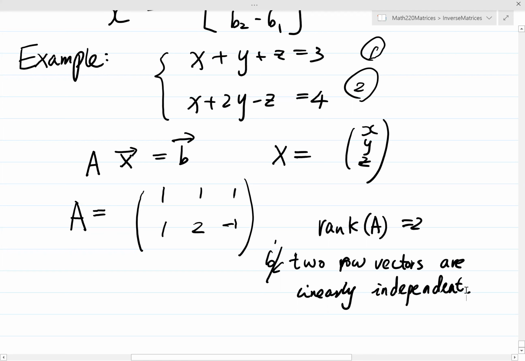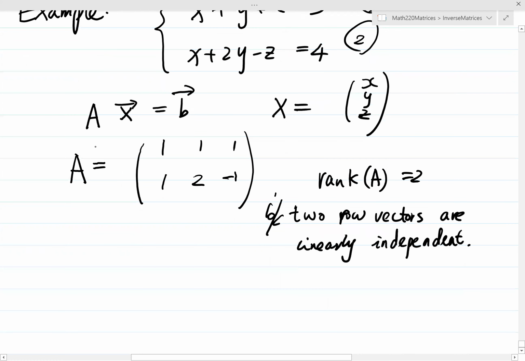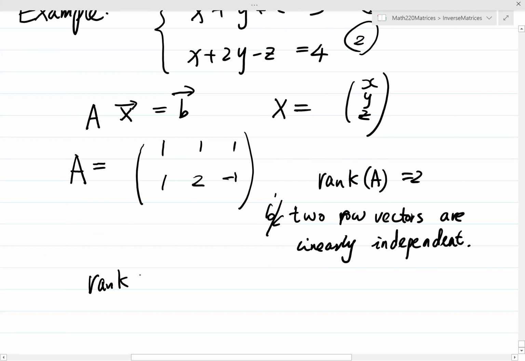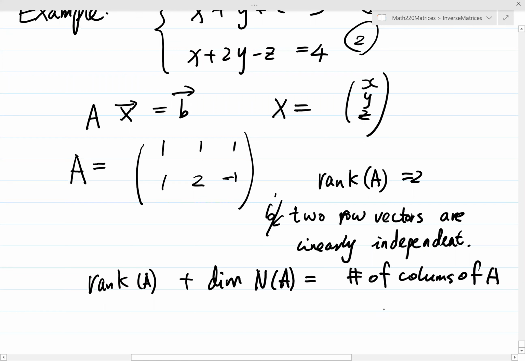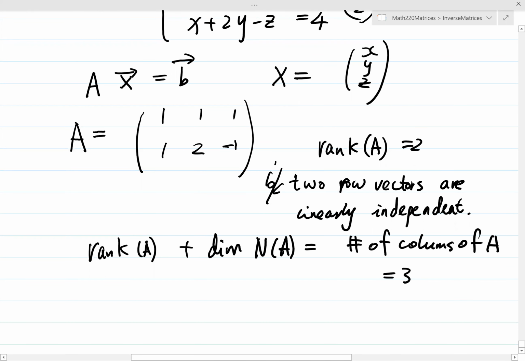So how about the null space? Rank plus dimension of null space is the number of columns of A, which is 3. So this tells us the null space is dimension 1, a line.